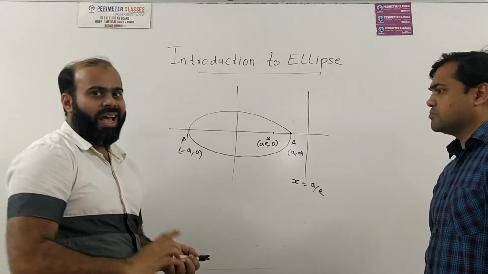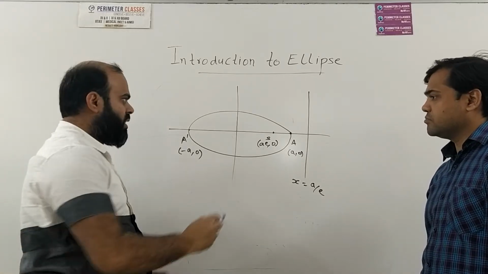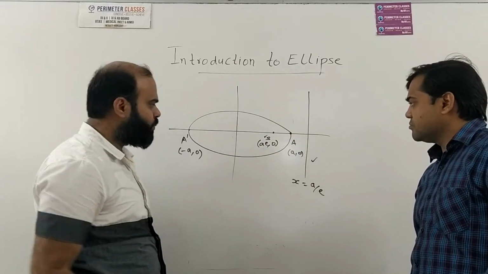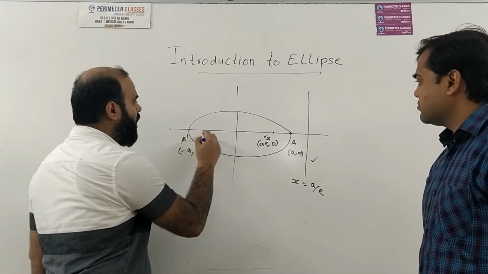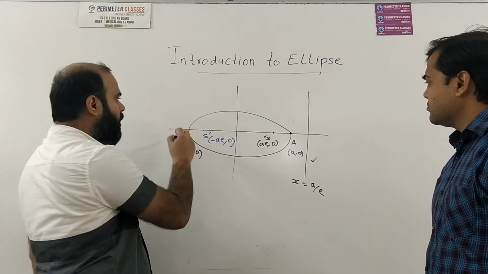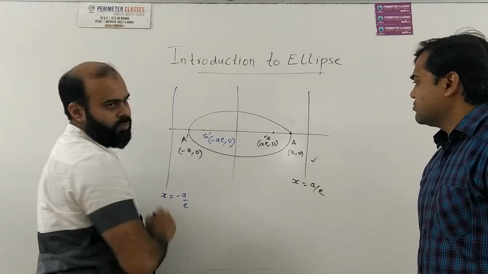Actually, the ellipse has two foci and two directrices. This is a focus and this is the corresponding directrix. We could have taken a focus S dash (-a, 0) here and the corresponding directrix as x = -a/e here.